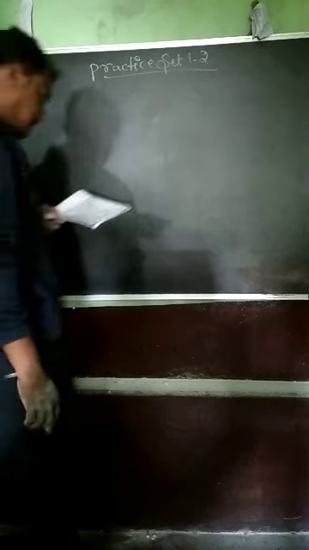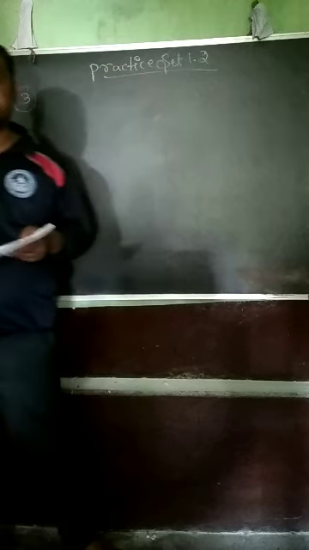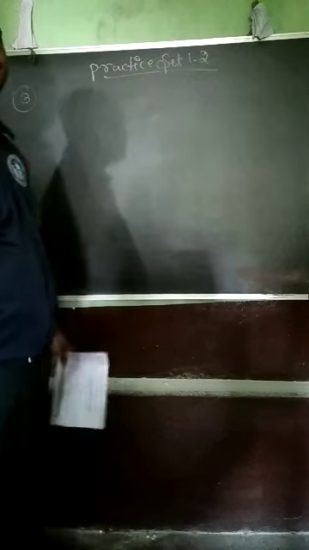Next we go to the third question. See here the given, which of the following are empty set phi. The given A, B, C and they ask why. We have to write the reason.